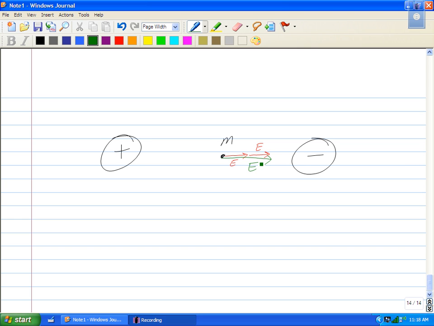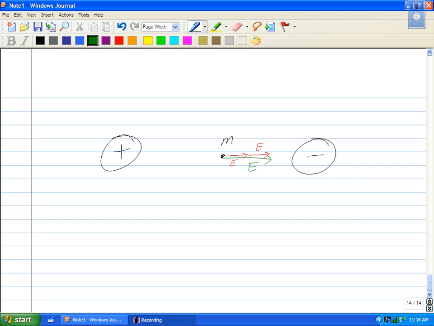So the net field is to the right, double what it would have been if there had just been one of the two charges. Yes, we're assuming the charges are stationary, and we're also assuming they have the same magnitude of charge, even though they're opposite in sign. Right? So that was pretty easy, right?